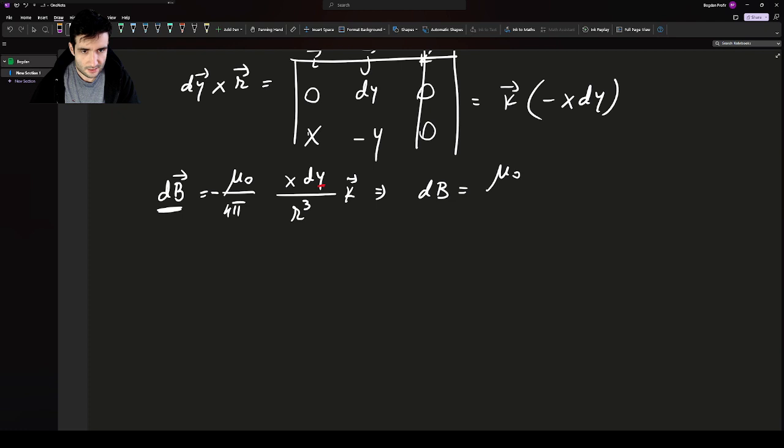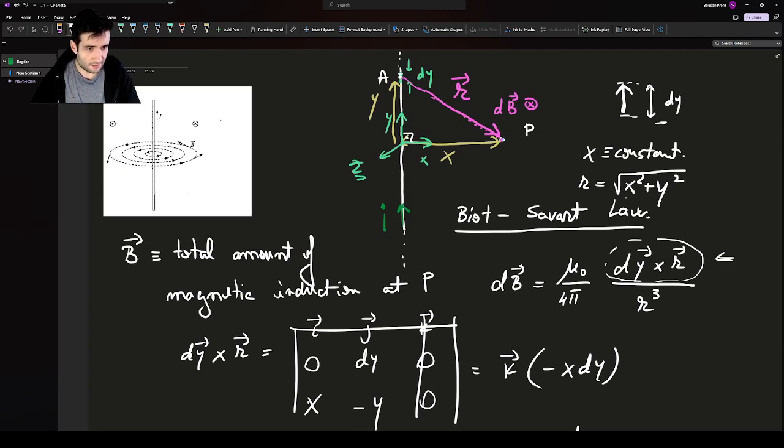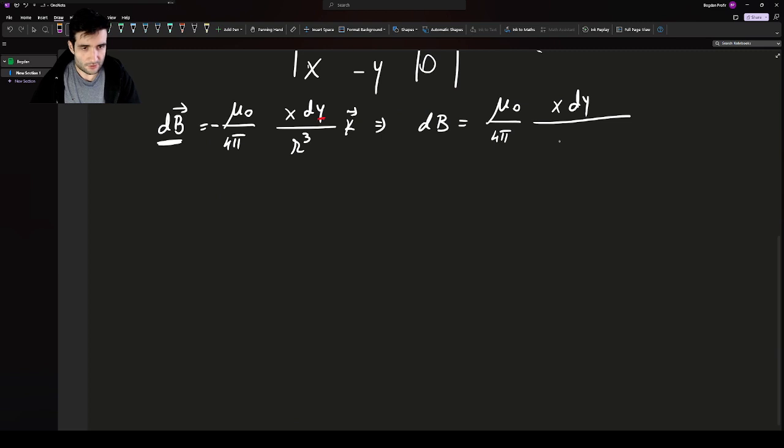So this is mu 0 over 4 pi, and then x dy over r cubed, which will be basically this cubed, which is x squared plus y squared to the power 3 over 2.